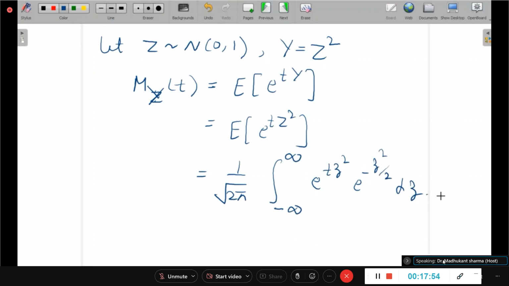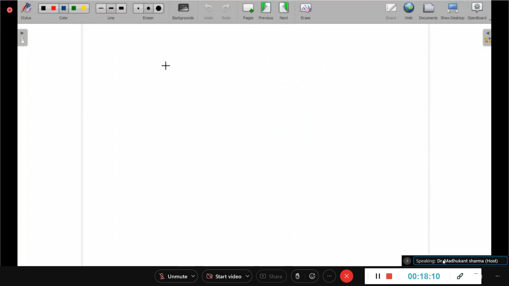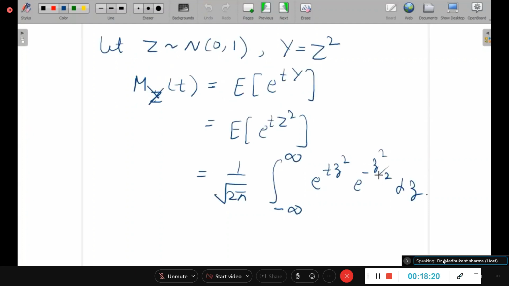We know that if you have the expectation of a function of Z, you can take the help of the density function of the Z random variable. Now if you simplify further, this is equal to 1 upon square root of 2 pi, the integral from minus infinity to plus infinity of e to the power tZ square minus Z square by 2.